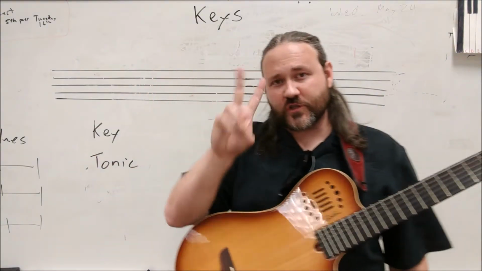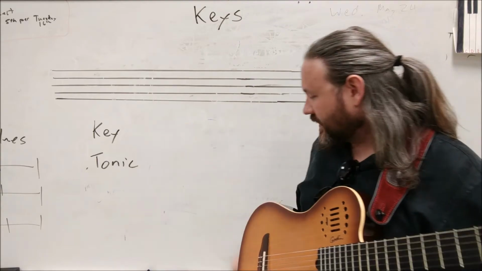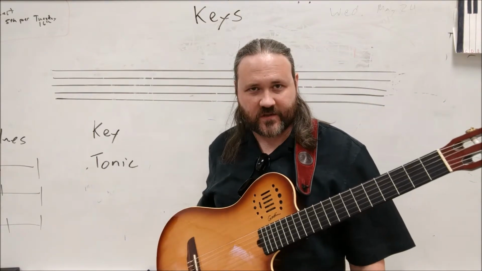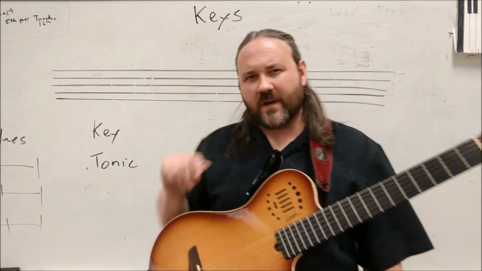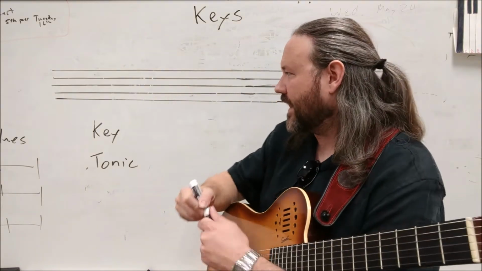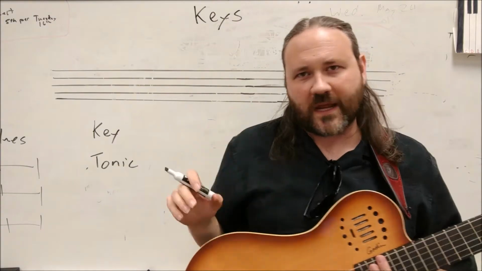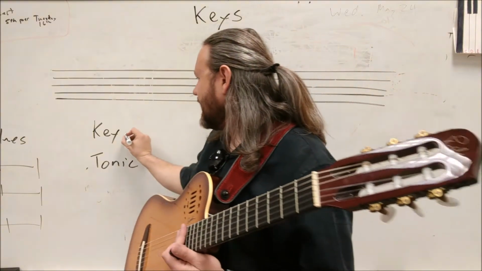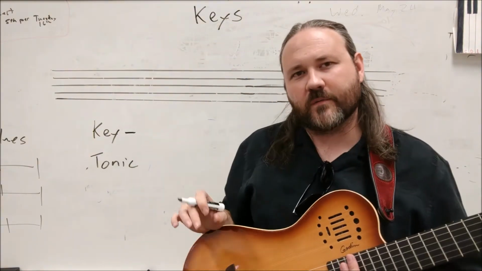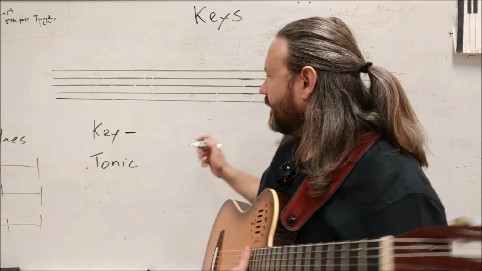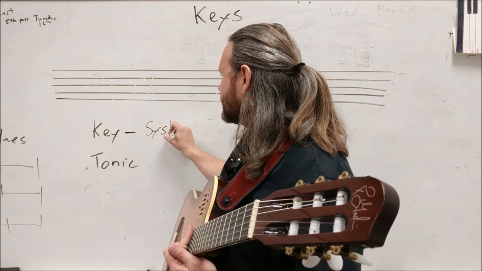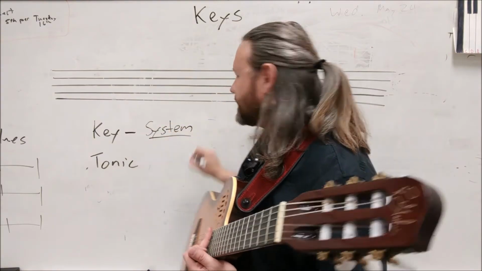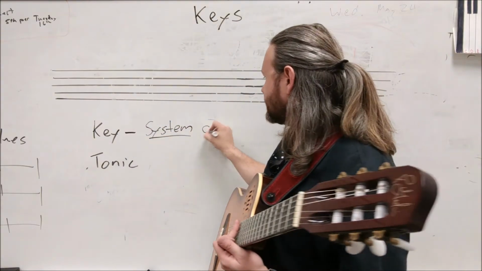So I'm going to introduce two concepts today, or two little keywords. The first one is key and the second one is tonic. I've already talked about tonic and I've already talked about key, but I want to give some formal definitions for how I think these should work in the music theory context. A key, when we're talking about music theory, we're not talking about a key on a clarinet. We're talking about a system, and the keyword there is system, a system of related pitches.